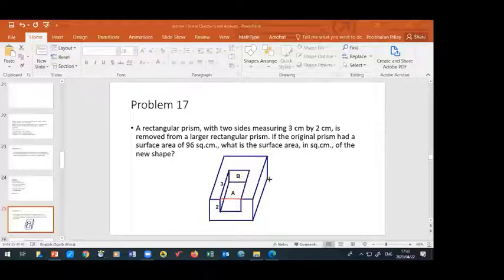So this is another complicated thing. Let's see whether we can write our equations using the information that is given. So they want to know what is the surface area of the new shape.